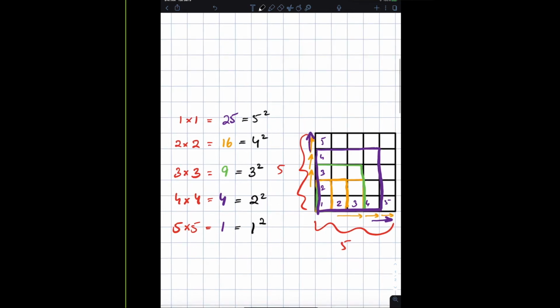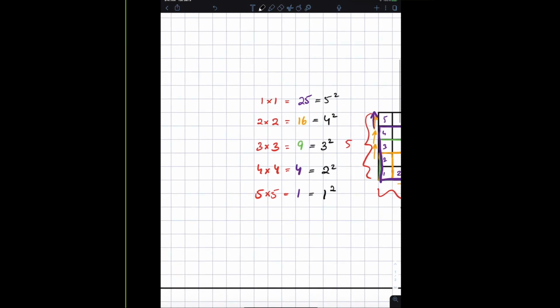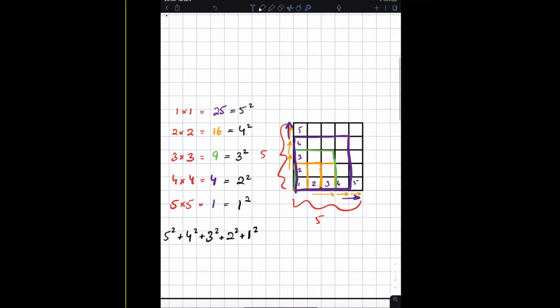So in general, what I got is that in a 5 by 5 grid, the total number of squares was 5 squared plus 4 squared plus 3 squared plus 2 squared plus 1 squared. And if you extend this line of reasoning to any n by n grid, you'll see that it holds.